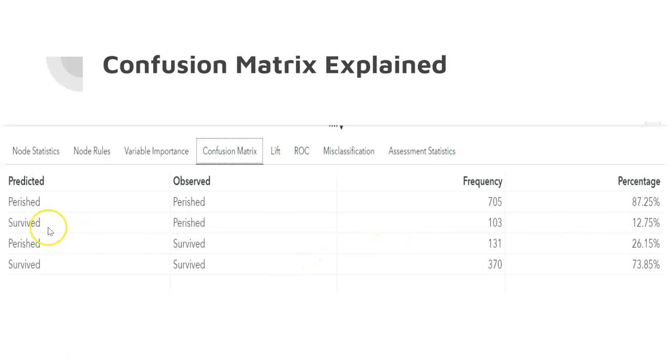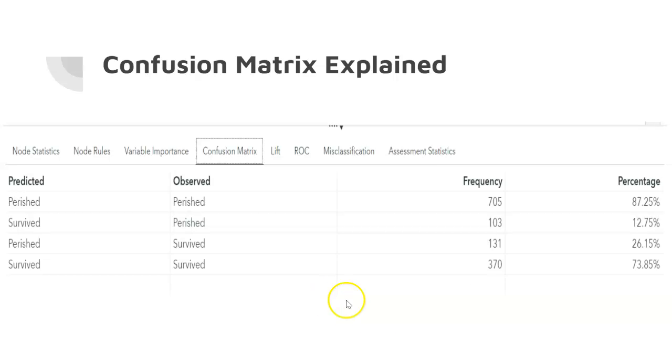When it was predicted they would survive, but they ended up perishing, it was 12.75% correct. When it was predicted they would perish, but they actually survived, it was 26.15% correct. And when it was predicted they would survive and they actually survived, it was 73.85% correct.